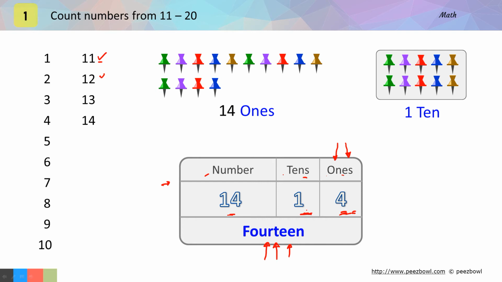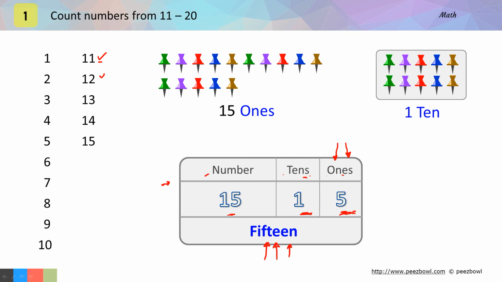Same way we will add one more pin so that the total number of pins will be 15. Refer to the table. In 15 we have 5 at 1's place and 1 at 10's place. I will again tell you to pay attention to how numbers are increasing at the ones place.